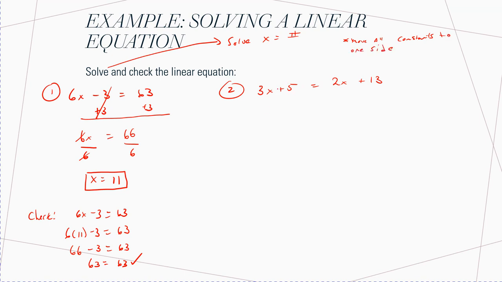I'm going to take this 5 and subtract it over to here, so I'm going to subtract 5 from both sides. This cancels out. What's 13 minus 5? That gets me 8. And then what you're going to do is move all variable terms to one side.